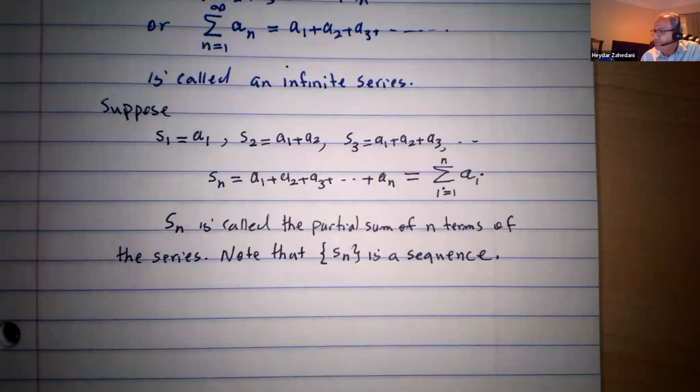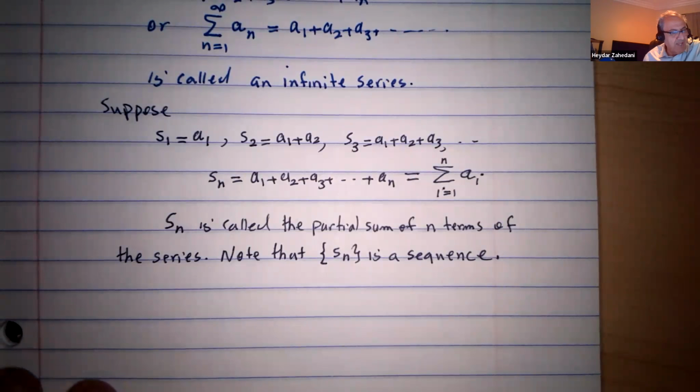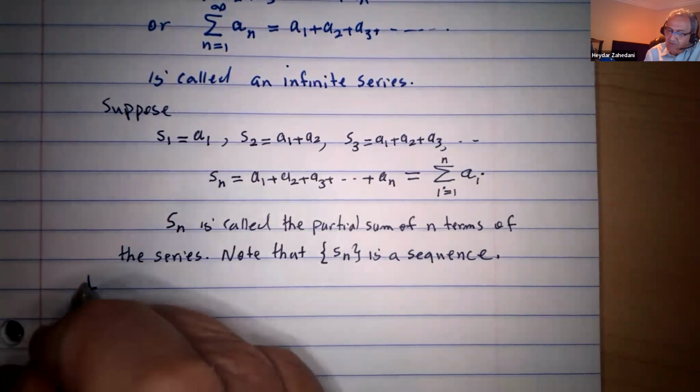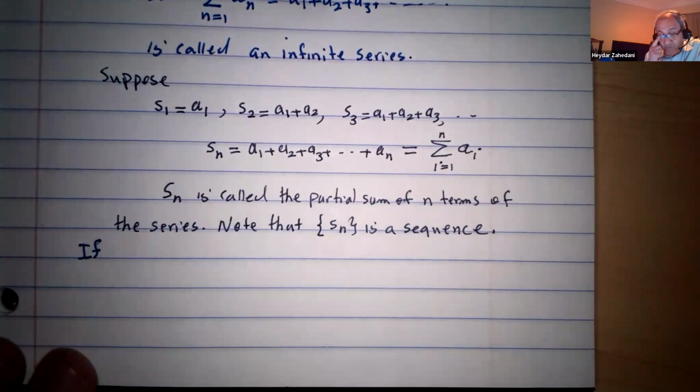Remember, we are looking for something to get that definition of the infinite sum. So this is going to be the definition that we're going to have. When it's a sequence, we are in the sequence mode, we have all the information.